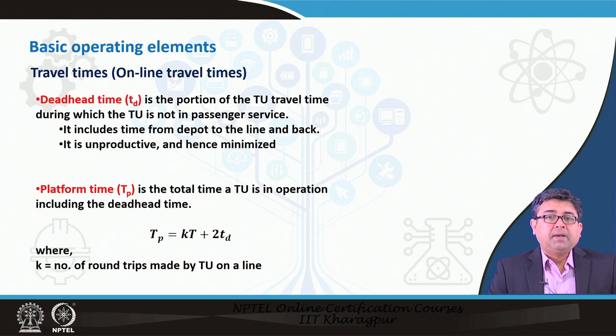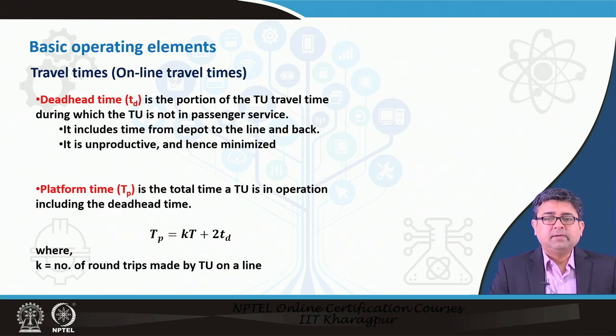Then there is the platform time. Now, this is the total time a TU is in operation, including the deadhead time. So, when somebody says the platform time of a TU, we have to remember that the platform time includes the deadhead time along with the operational time. So, the operational time, when it is actually functioning and serving the passengers, plus the deadhead times.